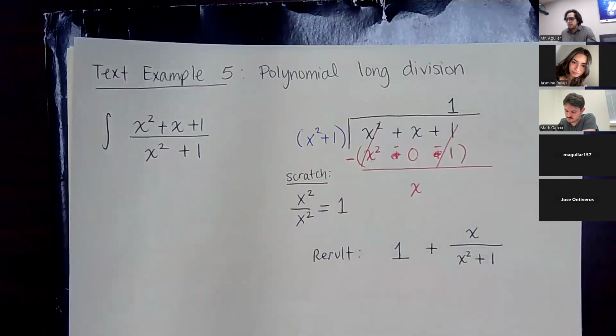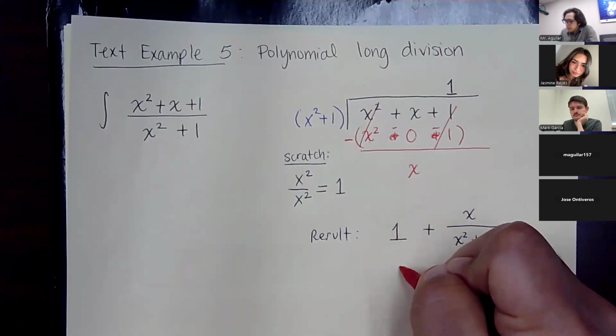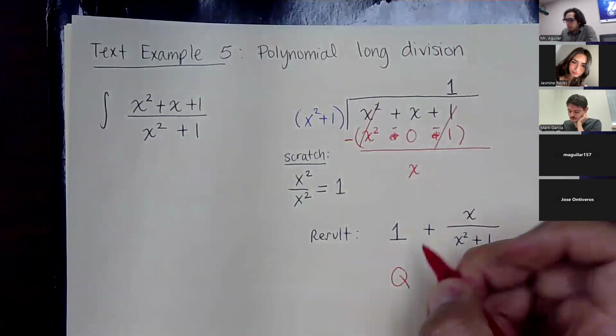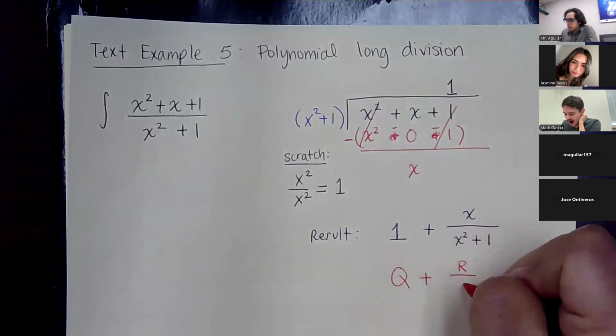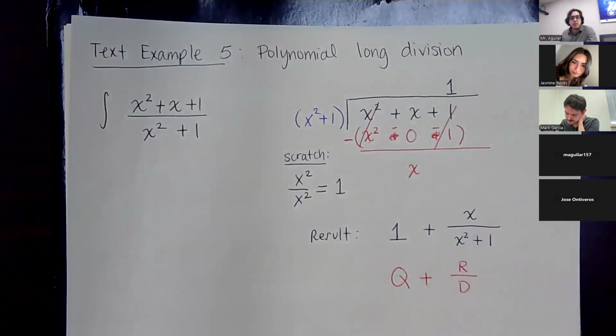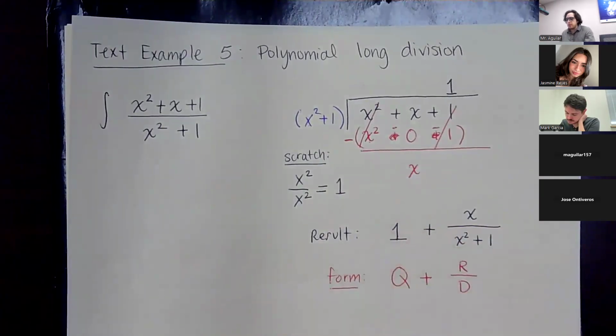So in math speak, usually we call this the quotient plus the remainder over the original divisor. That's the form that we're looking for.